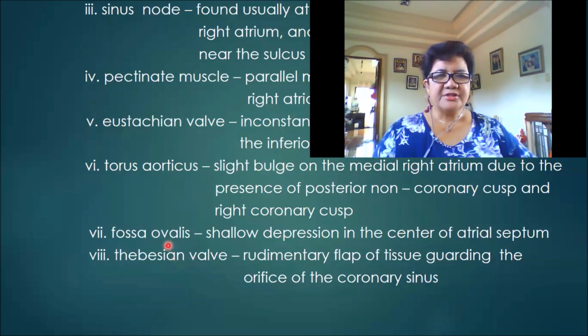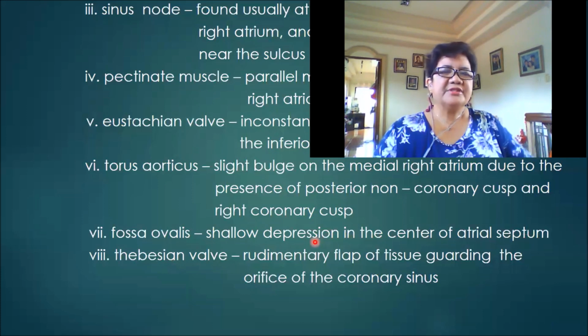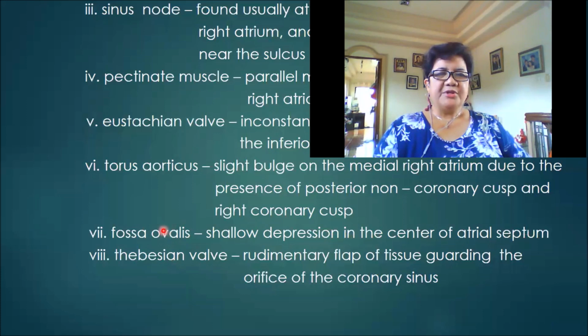Then you have the fossa ovale, which is the shallow depression at the center of the atrial septum. Your fossa ovale will be open during embryonic life, allowing the blood coming from the right atrium to go to the left atrium.